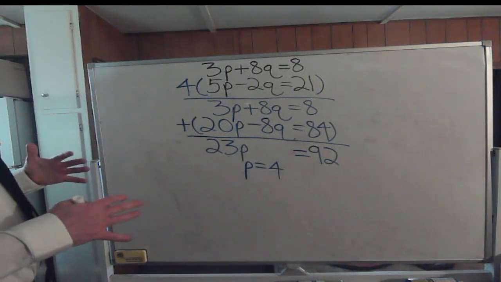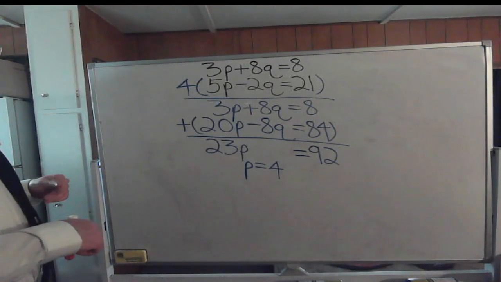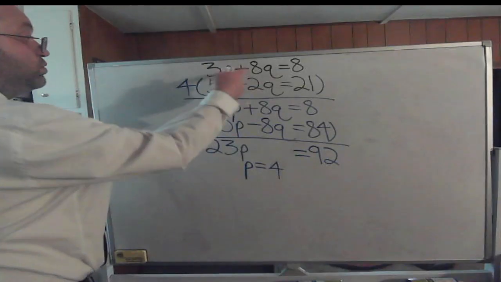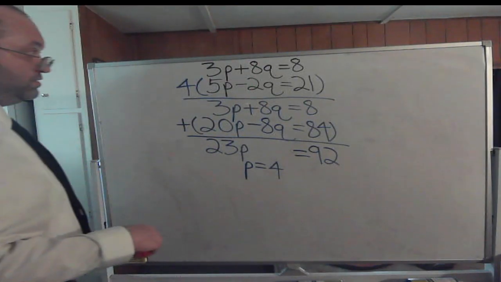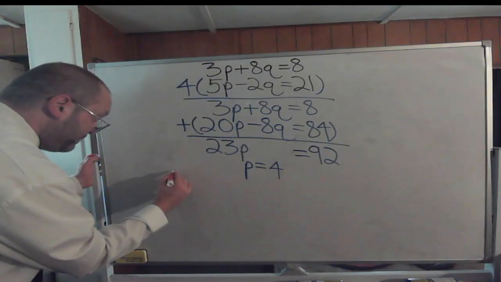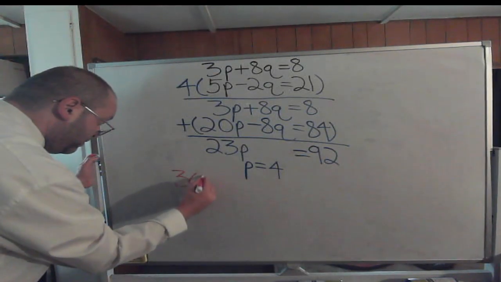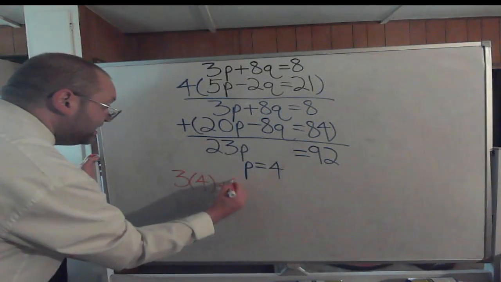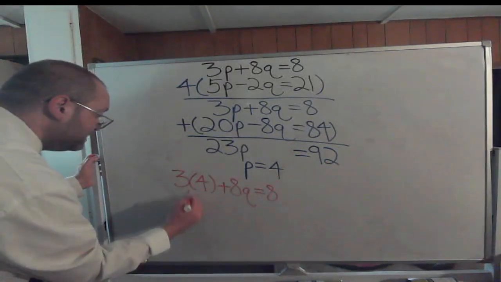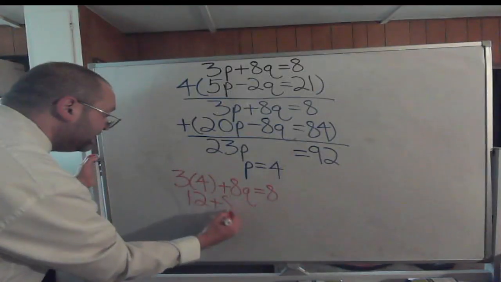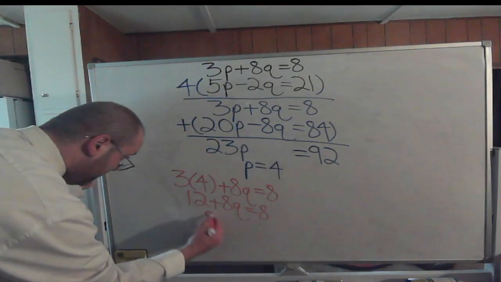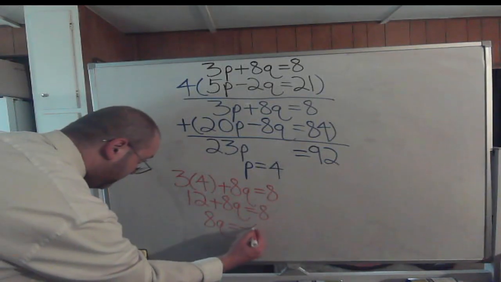Now all we need to do is find the q solution. In order to do that, we need to put the p value into one of those equations and solve for q. I'll pick 3p plus 8q equals 8. So we'll do 3 times 4 plus 8q equals 8, which means 12 plus 8q equals 8, which means 8q would equal negative 4.